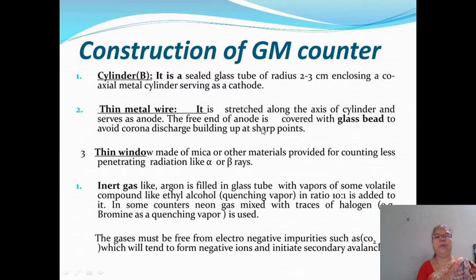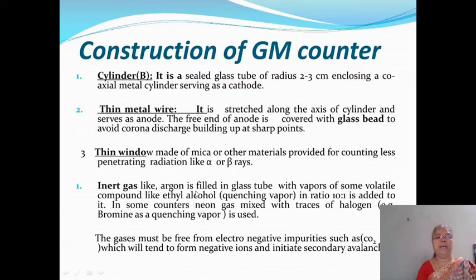The free end of the anode is covered with a glass bead to avoid corona discharge building up at a sharp point. A thin window made of mica or other material provides for counting less penetrating radiation like alpha or beta.